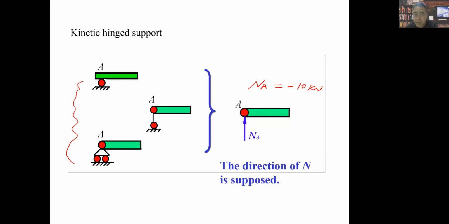That means at that time the real direction of this reaction force is from up to bottom. That's okay. We always give this direction as an assumption, but we can use the equilibrium equation to find the real result, right? Maybe you guys will find this happen later. And let's continue.